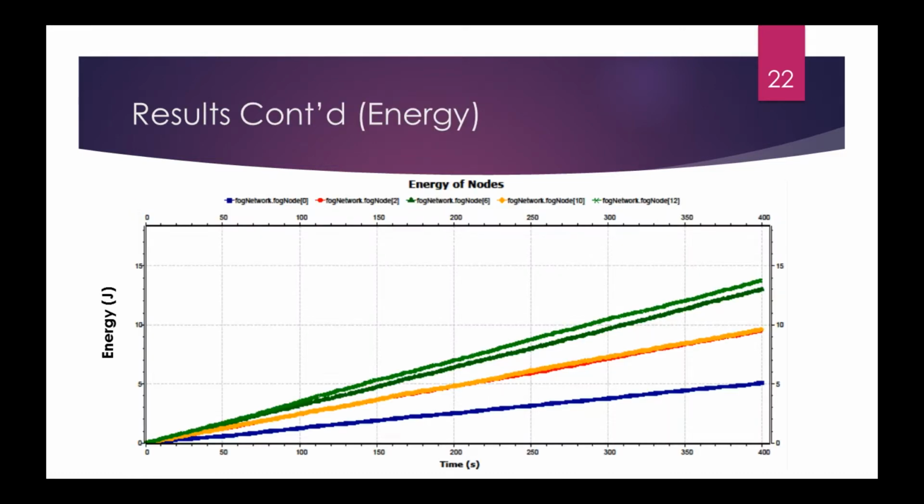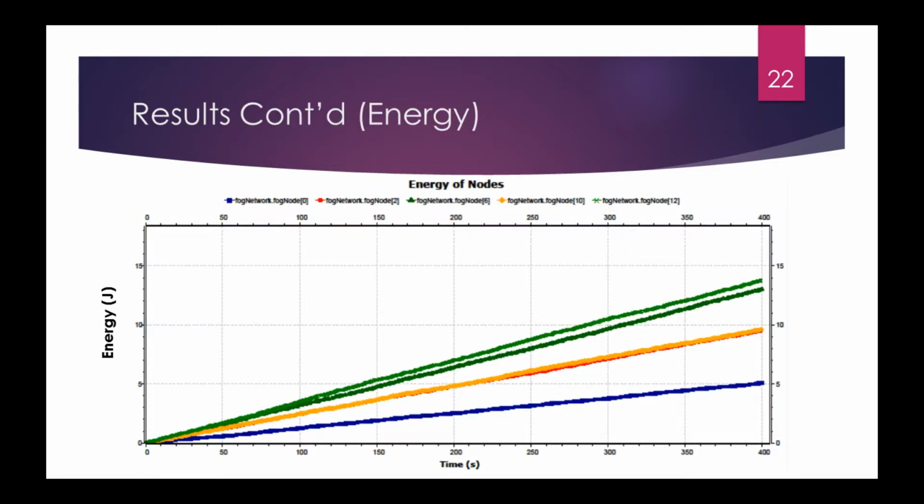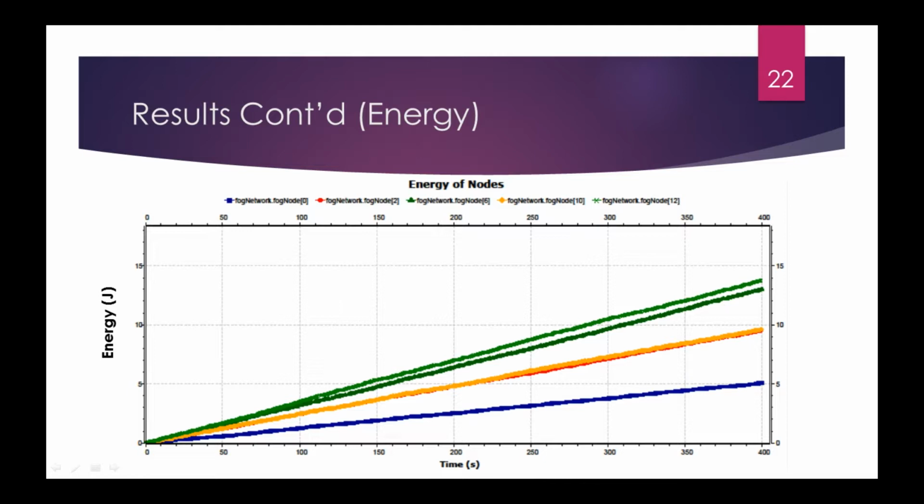So we got energy. As you can see, node number 6 is the IDS node as shown in this figure, and it has the largest energy consumption of all the nodes in the corner. You can see 0 to 10 and 12. As you can see, the fog node consumes more energy, while the other nodes have a little bit less energy.